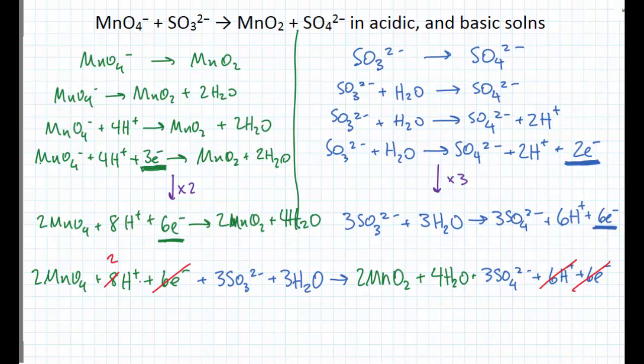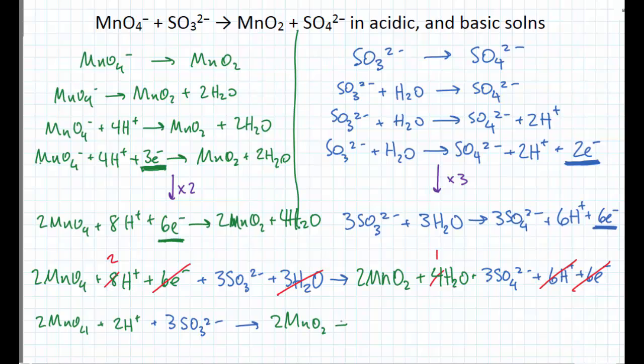How many H2O's cancel? 3 H2O's cancel, leaving us with 1 there. So that cleans it up pretty nice. 2H plus, 3SO3 2 minus, 2MnO2, H2O.